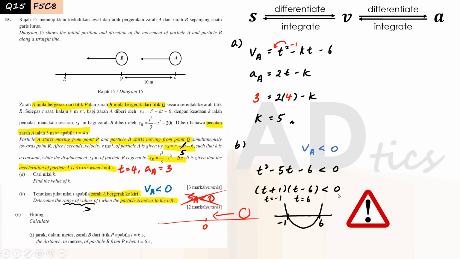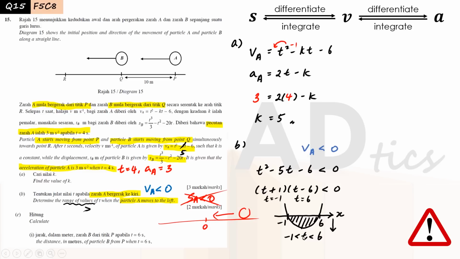And since this is less than 0, we are going to look at the regions which are below the x-axis, right? So this would be our region, and the answer would be t is from negative 1 to 6.